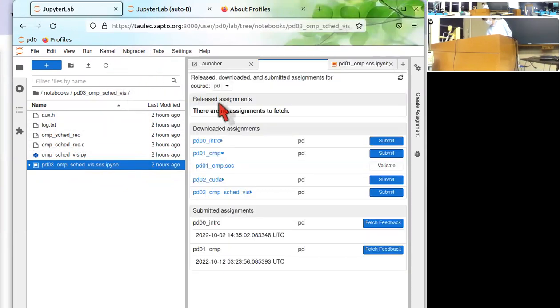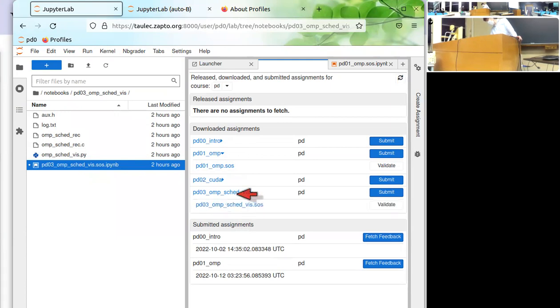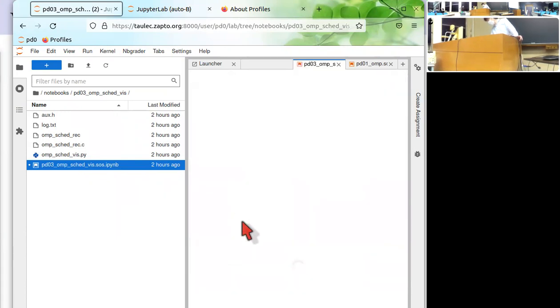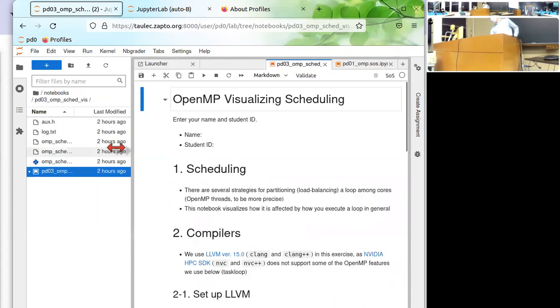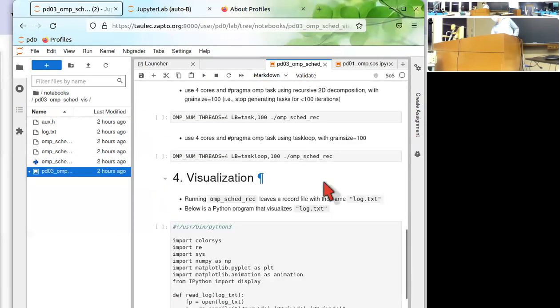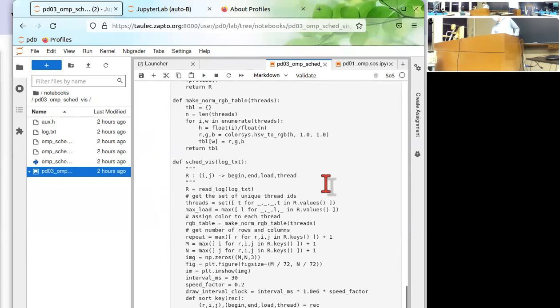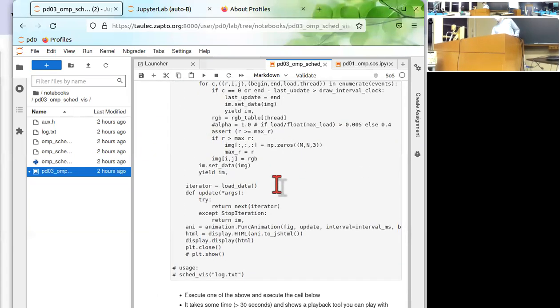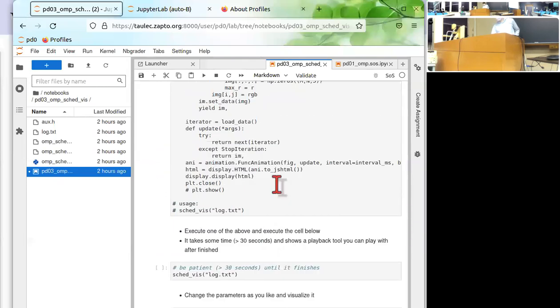And actually, you get two other Jupyter notebooks. One is a CUDA one, which I will not get into for today. And the other is this PD03 OMP get this, which does exactly what I have just demonstrated. So you can do the same visualization inside this notebook, if you like.